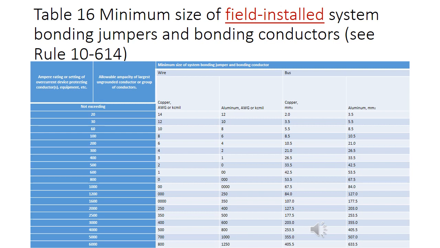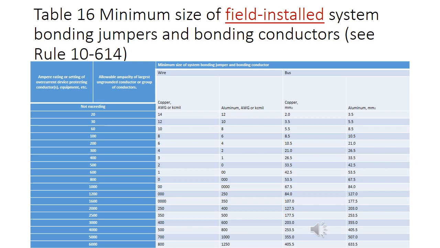So now, for example, if you are trying to determine the size of a bonding jumper for a 200 amp service, you would just look over at 200 amps, slide to the right, and if you are using wire, you're using a number 6 copper conductor or a number 4 aluminum conductor.